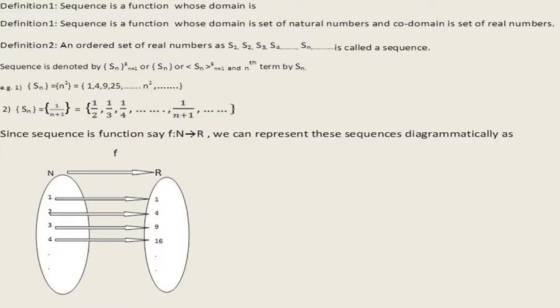We can also define sequence as an ordered set of real numbers as S1, S2, S3, ..., Sn, ... So this sequence can be represented by nth term of the sequence written in a set.